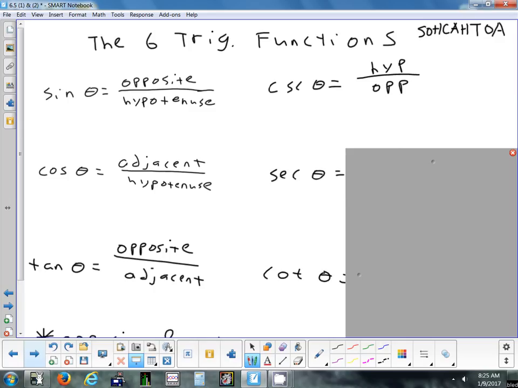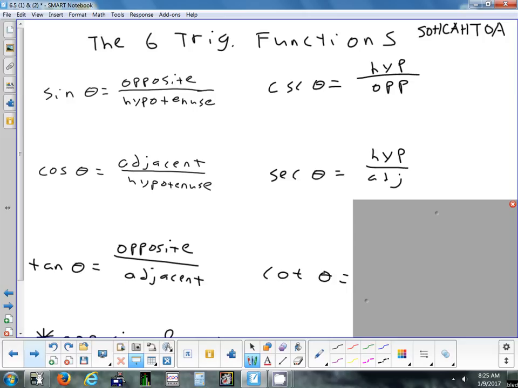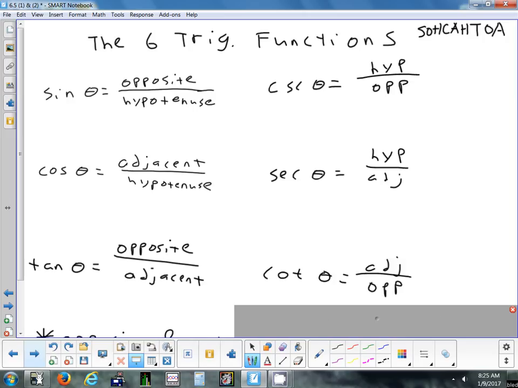Hypotenuse over adjacent. And how about the cotangent? Adjacent over opposite. Okay, the 3 on the right are not used as much, but they are trig functions, and we can use them, but we just don't use them as much.